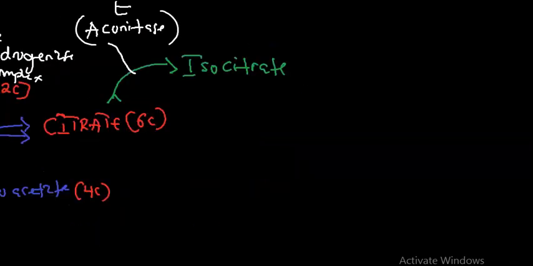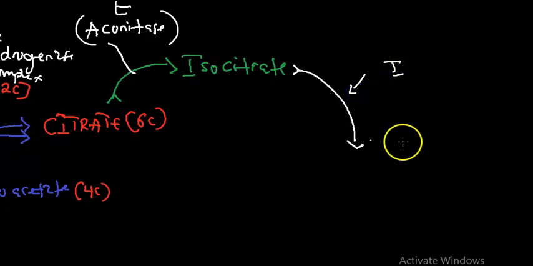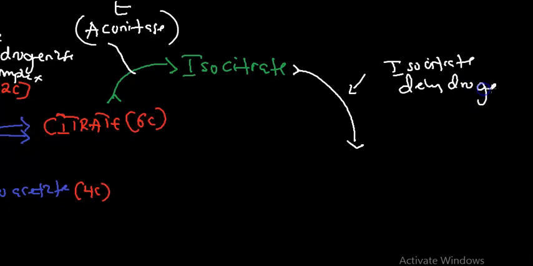At this point, the isocitrate will simply undergo oxidation and decarboxylation. When we say decarboxylation, we're basically talking about the release of carbon dioxide. With the help of an enzyme which will help this conversion, isocitrate dehydrogenase, and the final product is going to be alpha ketoglutarate.